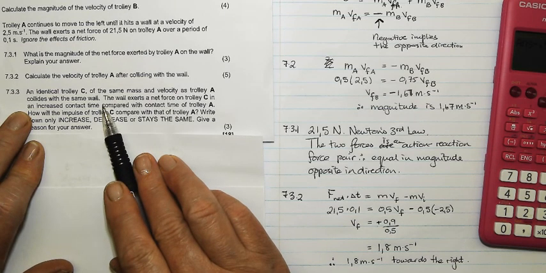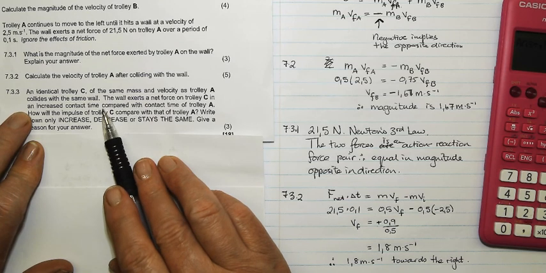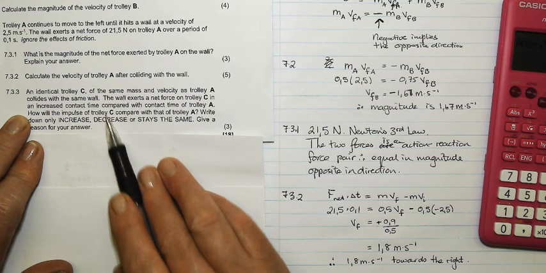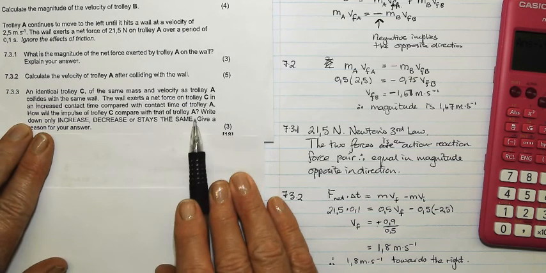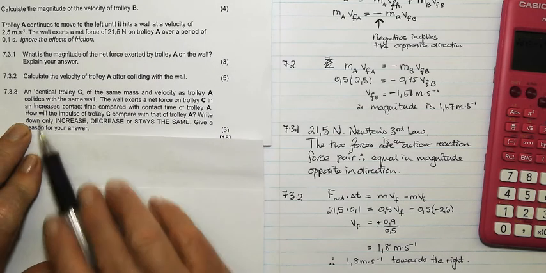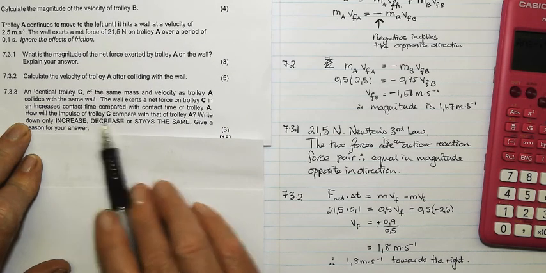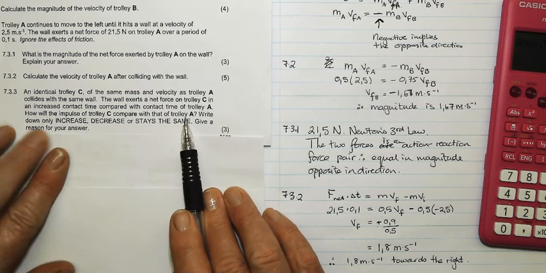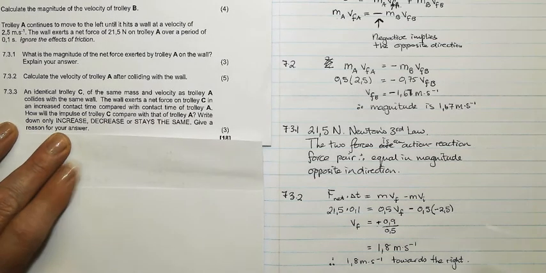The wall exerts a net force on trolley C in an increased contact time compared with the contact time of trolley A. Now, if the contact time is increased, the net force acting on the object will decrease, but the impulse, the change in the momentum of trolley C would be exactly the same as the change in momentum of trolley A. So they want us to compare the impulse of trolley C to that of trolley A, and my option is it will stay the same.